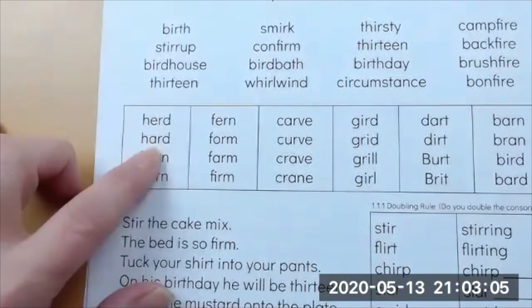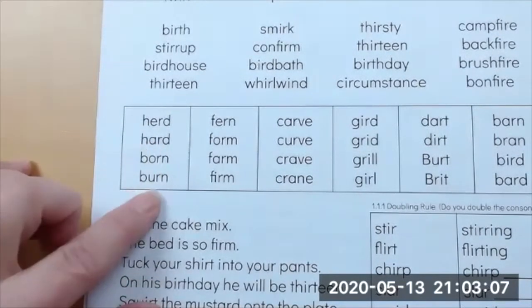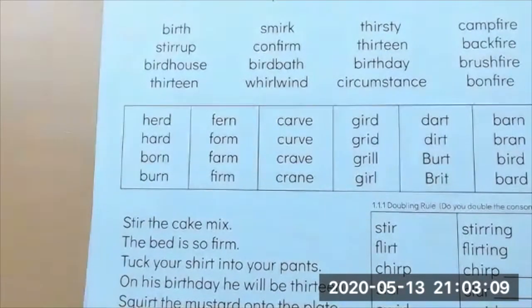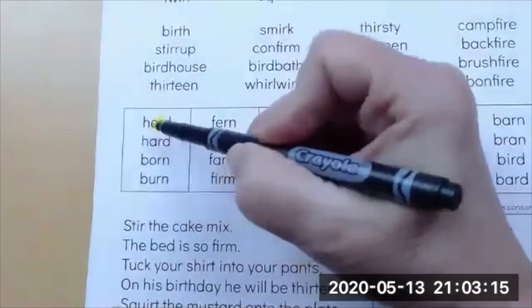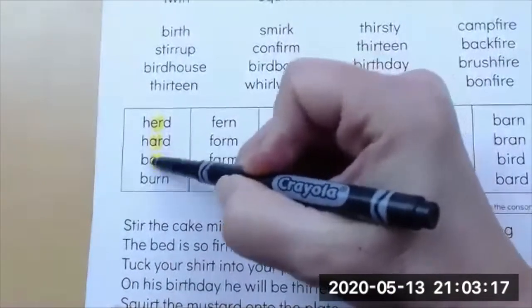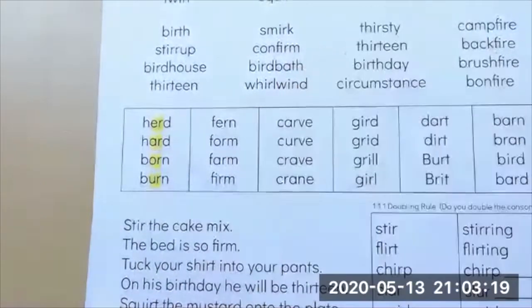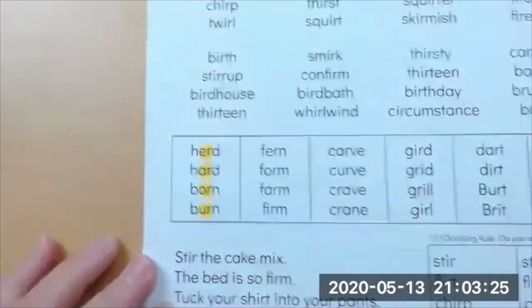Heard, hard, born, burn. And before they read those, you may want to have the child take a highlighter and highlight where they see the Bossy R in those words. Maybe they're going to say the sound out loud as they do it, but usually they'll just highlight them at that point.